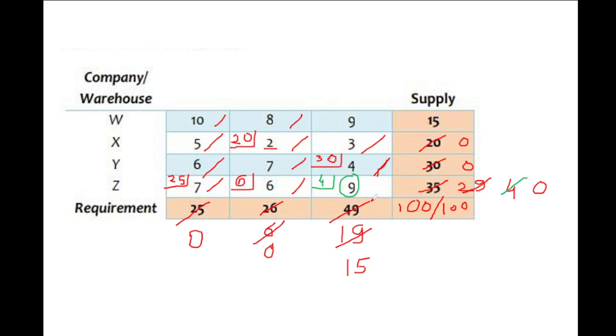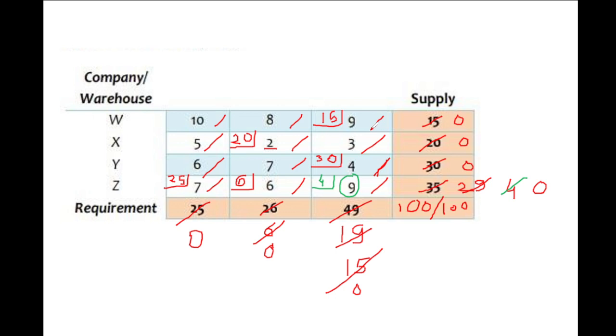And now for the remaining one, since 0 is achieved, for this Z row the supply is exhausted, and for the remaining, since 15 and 15 both are demand and supply, you can see that it's a balanced one. So here you will get 0, and here also you will get 0, and it is also exhausted.